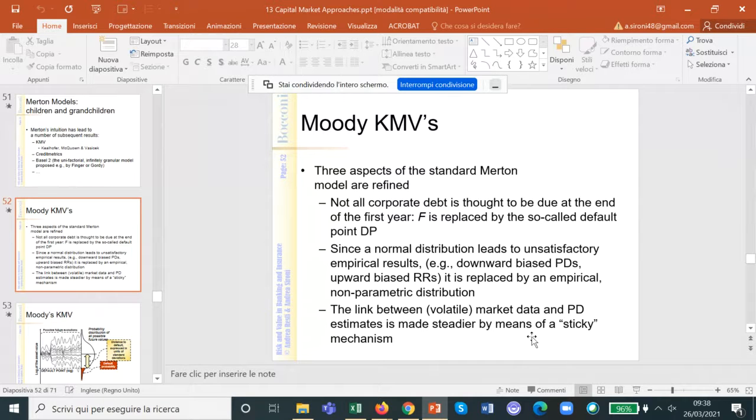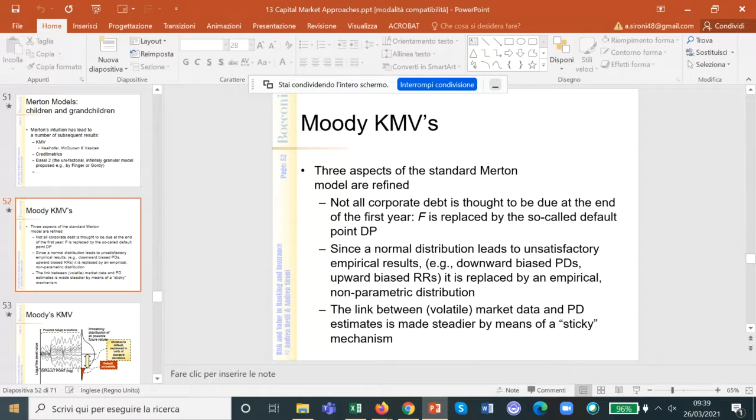And this company, which was based in California, was then acquired by Moody's and became Moody's KMV, a very successful company. Now, this company is providing probabilities of default estimates based on the logic that we saw so far, okay? But it's actually using a proprietary model, which is using some adjustments to the one framework that we saw so far, okay? What are these adjustments?